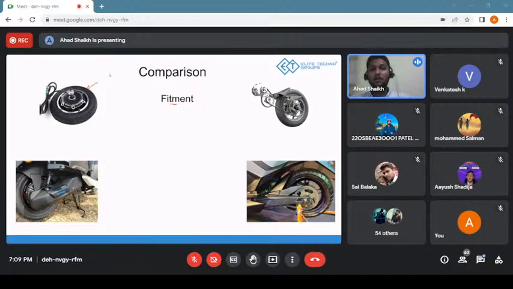If you don't mount it properly, it could damage the chassis and the overall performance of the vehicle and comfort of the ride. With hub motors, you don't have to worry about mounting, since it is always inside the hub of the wheel. So that's the first thing about hub motors.